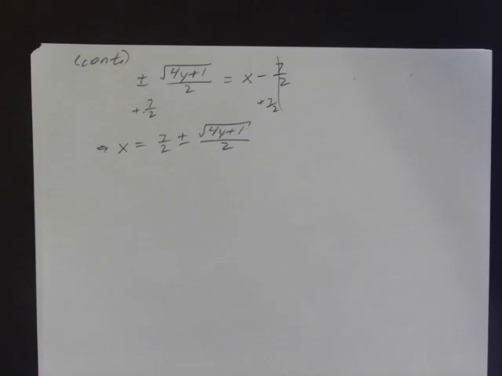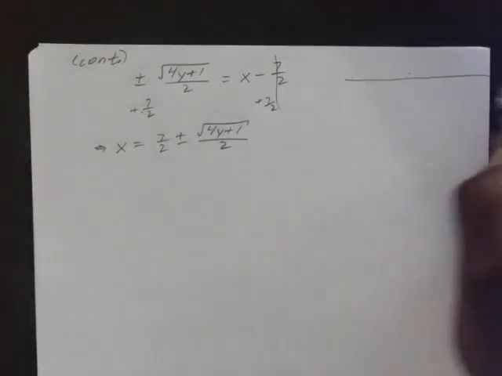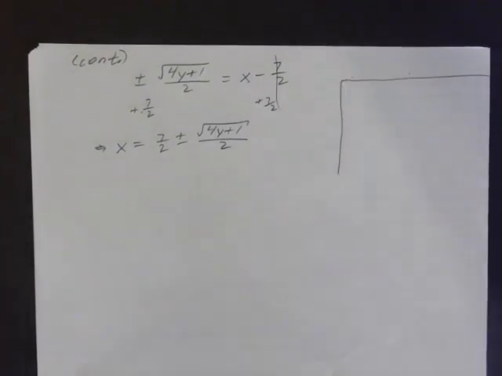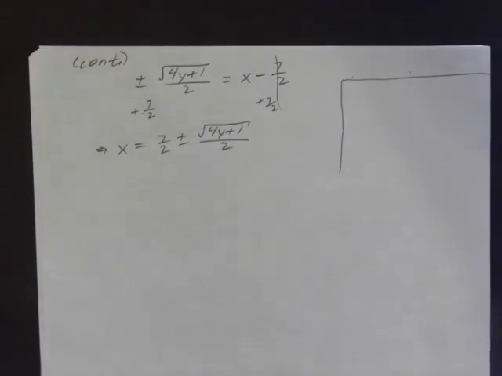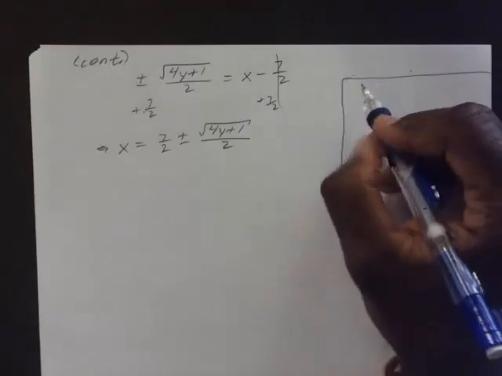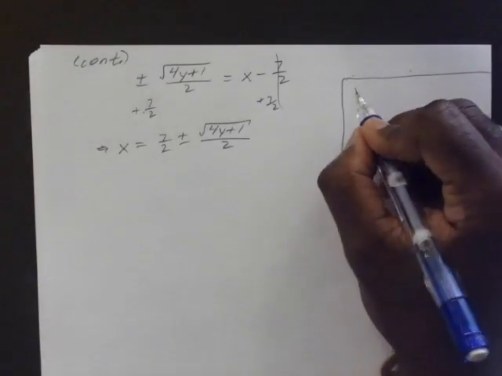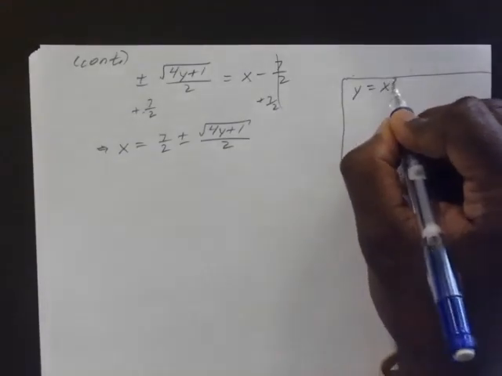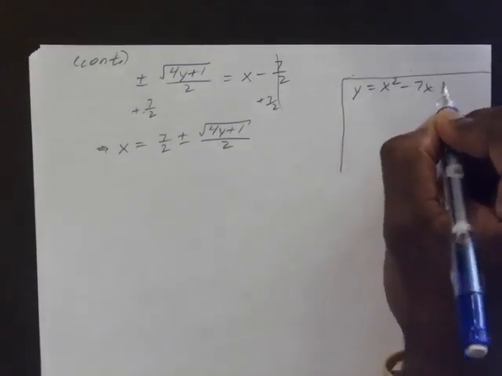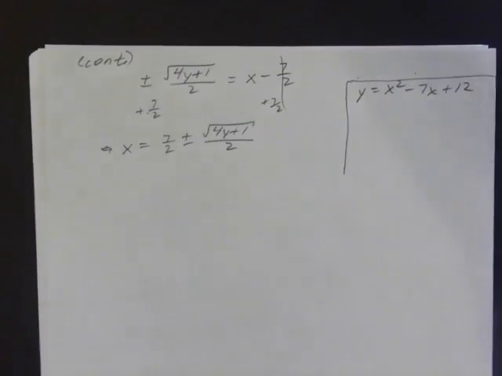Now, this is the crazy thing. You can go to Desmos or you can use your graphing calculator, but Desmos is probably easier. If you have your original function, let's say, I'll use y. y is equal to x squared minus 7x plus 12.